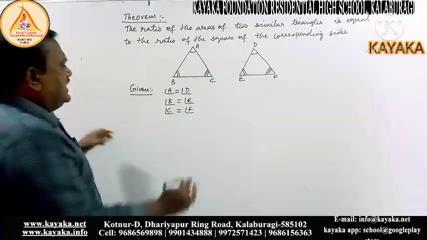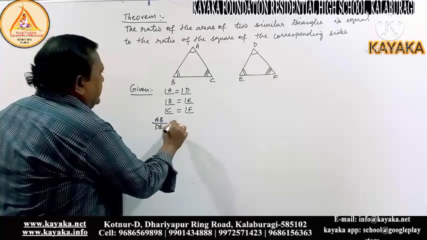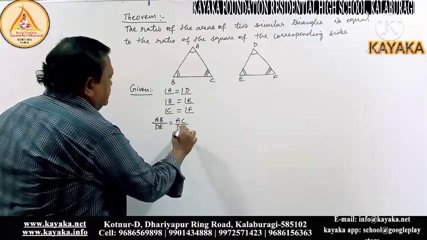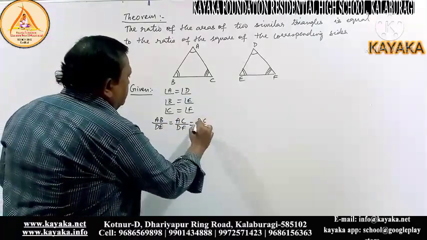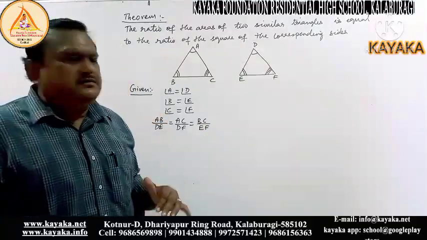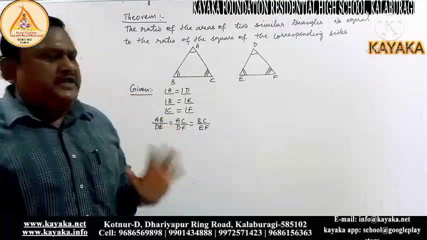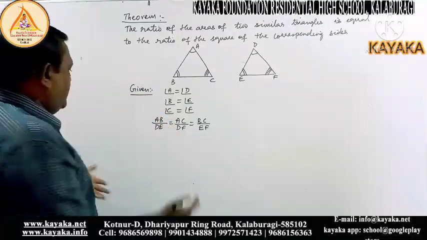Okay, dear children. Next, AB by DE equals AC by DF equals BC by EF. These are the things given. Corresponding angles are equal and the corresponding sides are proportional. Now what we have to prove?